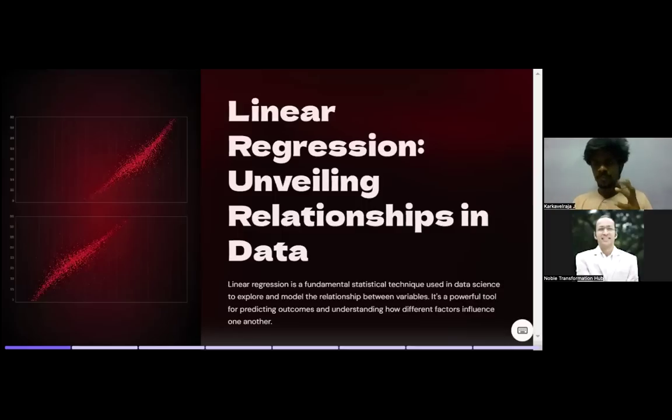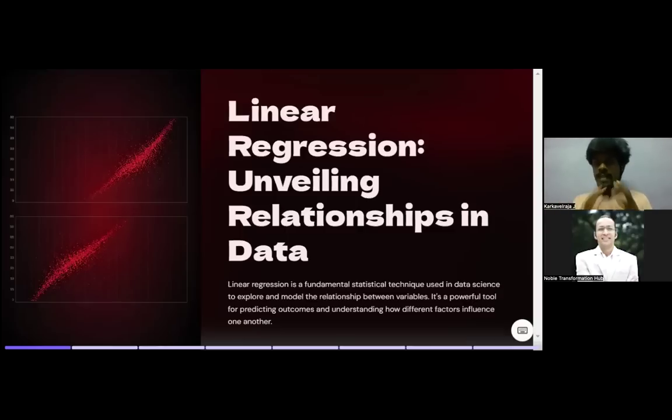Let me give you an example so that you can understand linear regression. We have the total number of hours a student studies, and based on that, their marks. Consider a student who studies for an hour and gets 1 mark. 2 hours, 2 marks. 3 hours, 3 marks. 4 hours, 4 marks. It continues like that up to 10 hours, 10 marks.